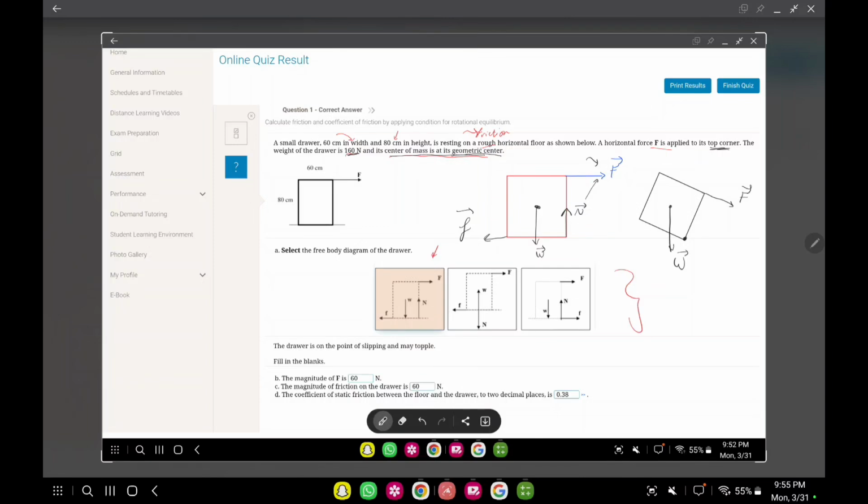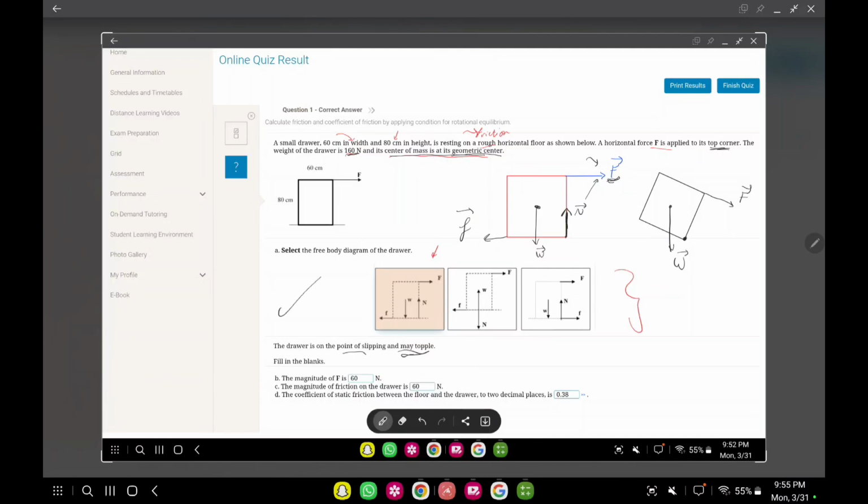Because you're applying the force F and tilting it. They said here it's on the point of slipping and it may topple. Topple means to turn and rotate like this. So when you have a force being applied in the corner or some moment like this, your normal reaction will be over here in the corner.